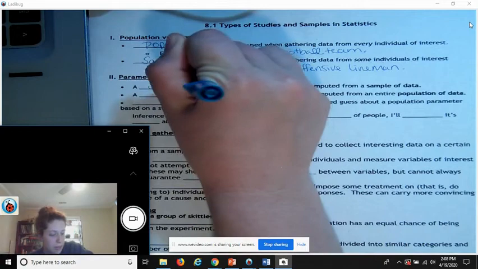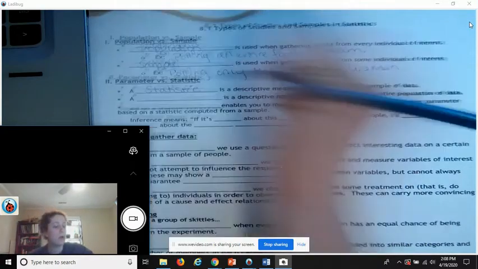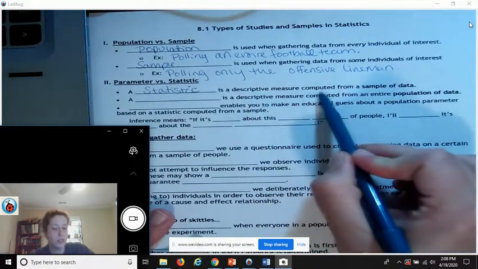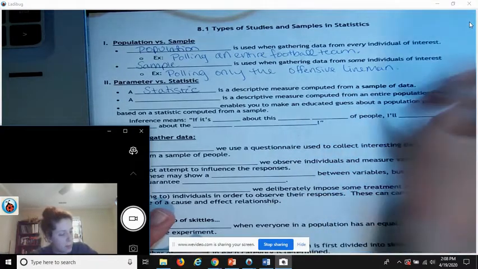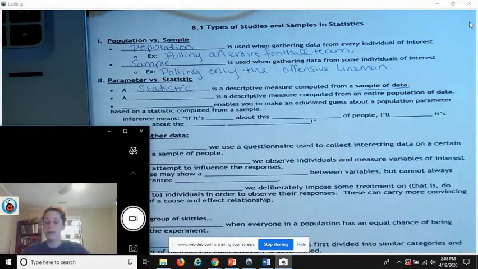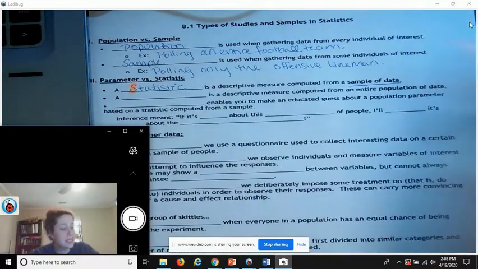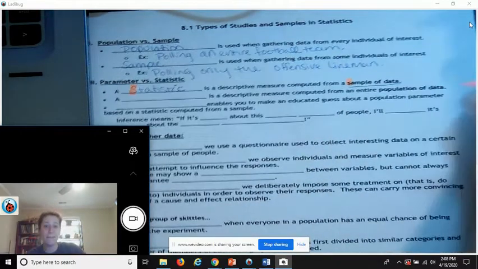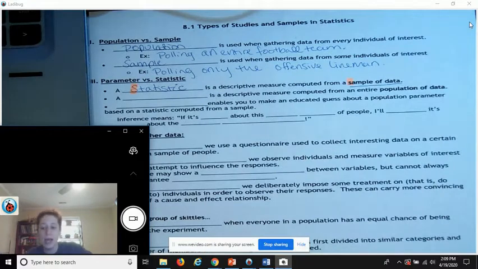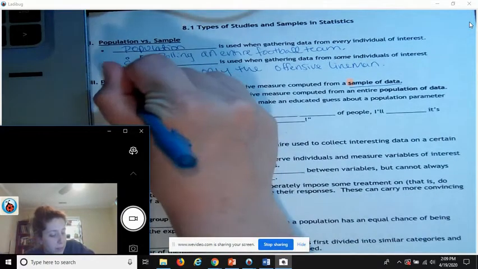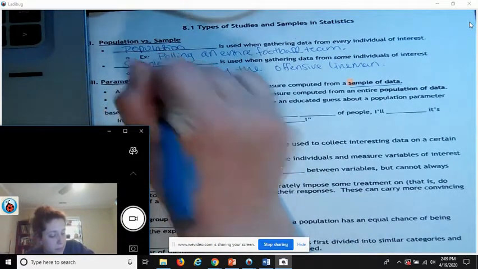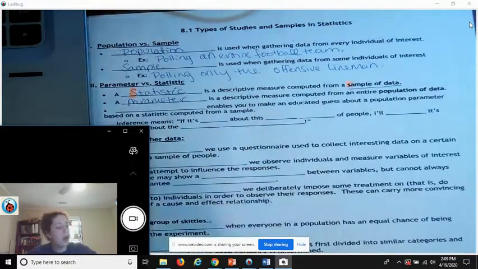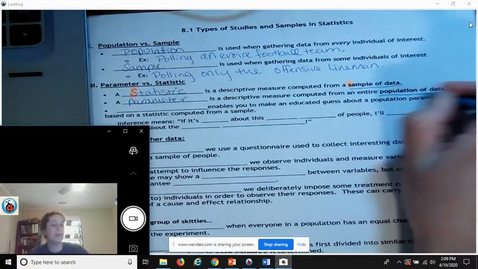Which is a descriptive measure computed from the sample of data. And I remember these by the first letter. A statistic comes from a sample specifically, and then a parameter comes from the entire population of data.